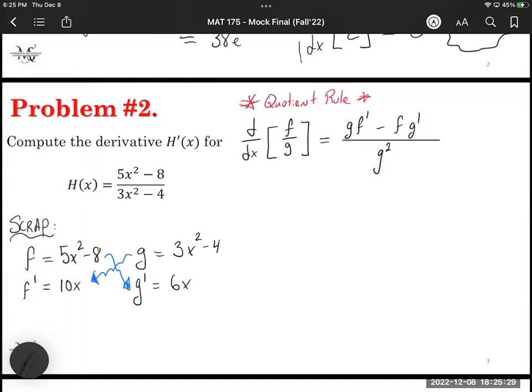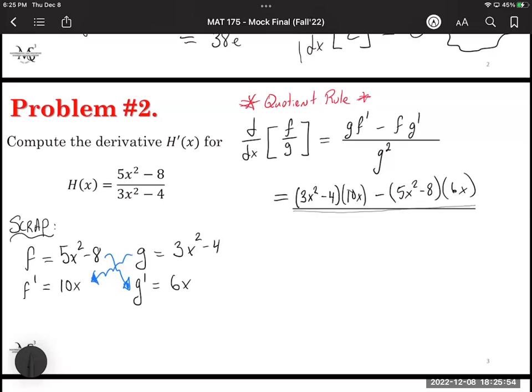So when I copy and paste this into my formula for the quotient rule, we get 3x squared minus 4 times 10x, minus, in parentheses, 5x squared minus 8 times 6x. All of that gets divided now by our bottom function squared.